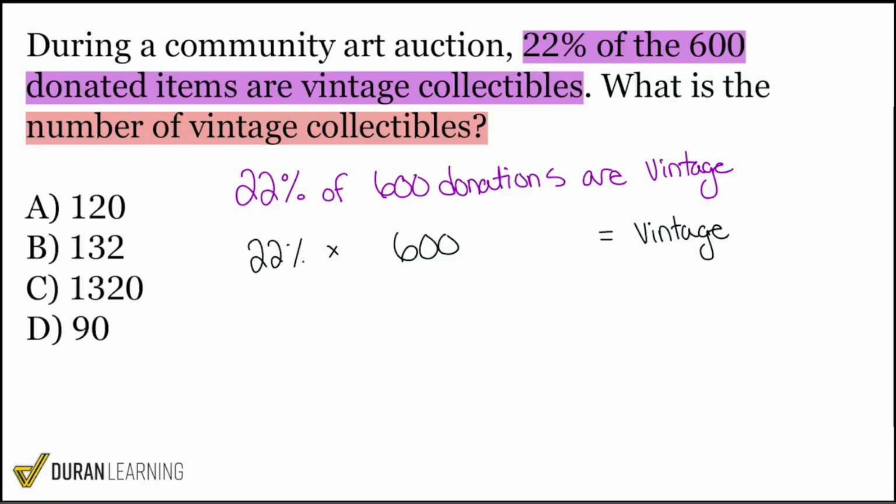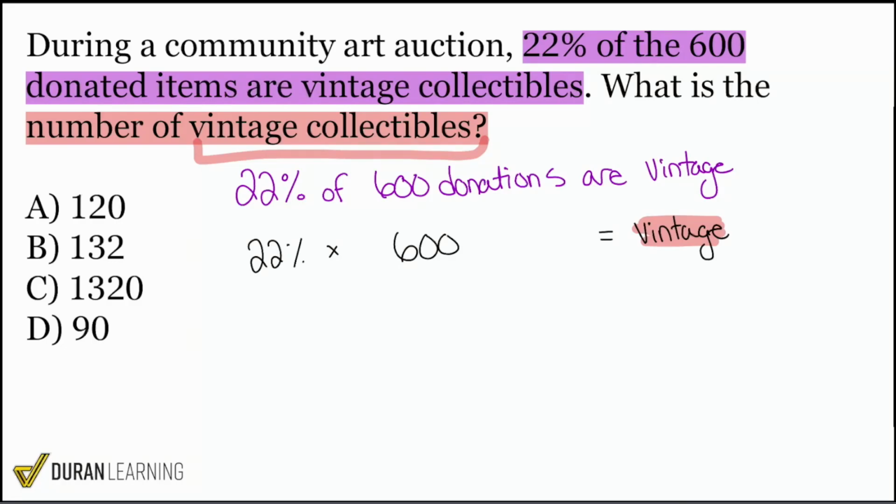And guess what? That's what we're looking for right here. We're looking for the number of vintage collectibles. So are we in agreement in this problem, at least, that we are working forward? We're trying to find that result. We are going to multiply to get that answer. Exactly. So we're good to go.